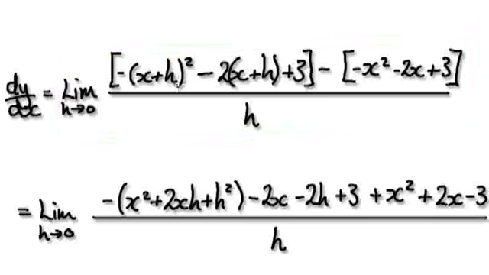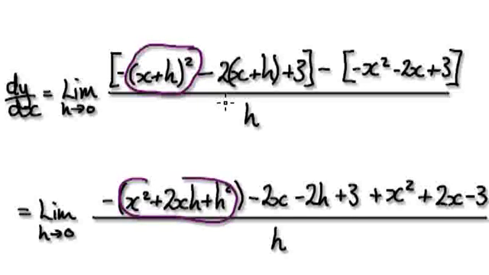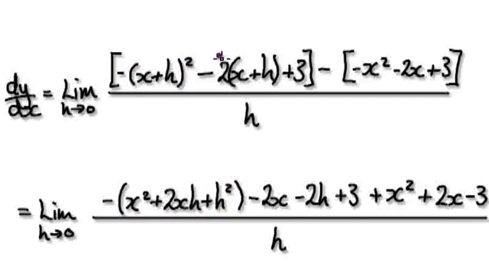Now it's just a matter of using algebra to tidy this whole thing up. At the moment you've got this bracket here. Remember, you've got to do the power first, because powers are more important than negatives. So you would have to do this first. Square this, so it will then become this, and then -2 times x will give you this, -2 times h will give you -2h, and the 3 is on its own.